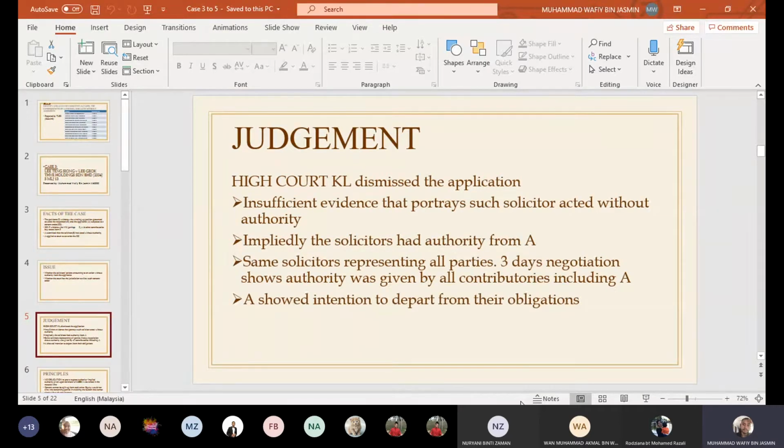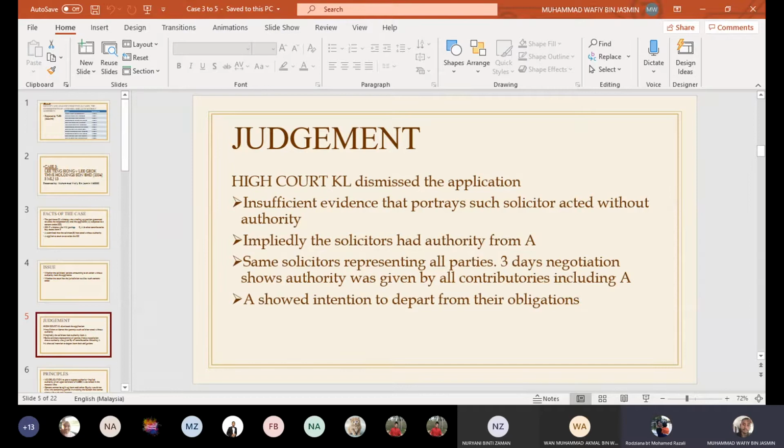Because this negotiation had taken a period of 3 days, the court held that impliedly the solicitors had been given authority to agree or to enter into such consent order by the applicants themselves, as there were no other parties that raised such question during that material time. The material time here is during the negotiation to enter into such consent order.